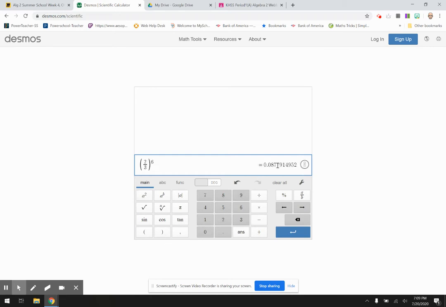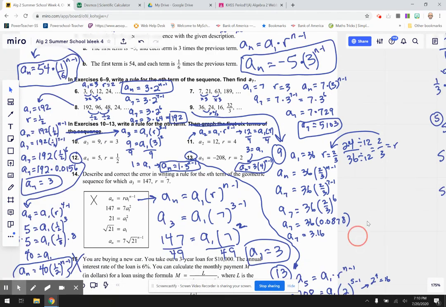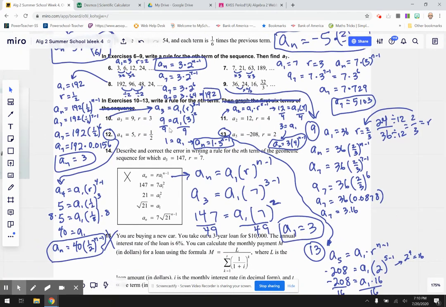That's how I got my decimal of 0.0878 when I rounded off, and then I multiplied that, you get 3.16. You could have left that as a fraction. It would just be a really big, messy fraction, but it would still work. You'd still reduce to 3.16 when you're done. So that was 6 through 9.